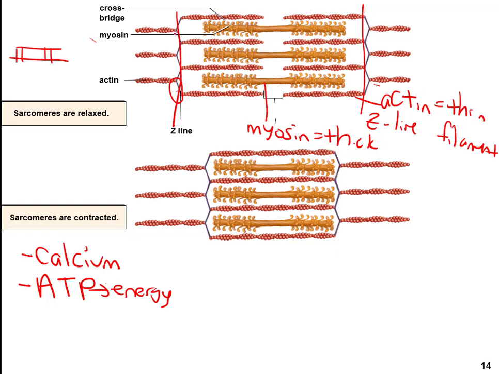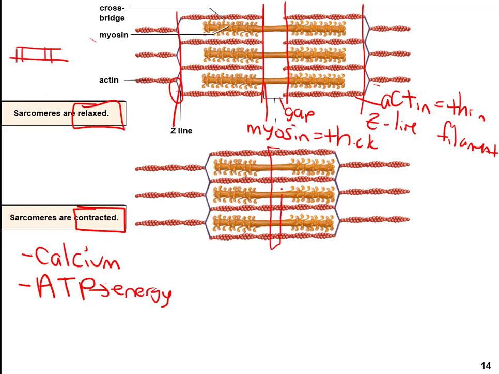Now, when your muscle is relaxed, when you're sitting relaxed, this is what the muscle looks like. There's a big gap between this actin and this one. You see this big gap here in the middle. That's how you know the muscle is relaxed. When the muscle is contracted, so when you tighten and contract a muscle, that gap disappears. The actin comes together here.